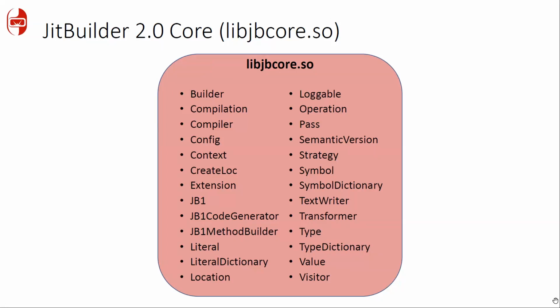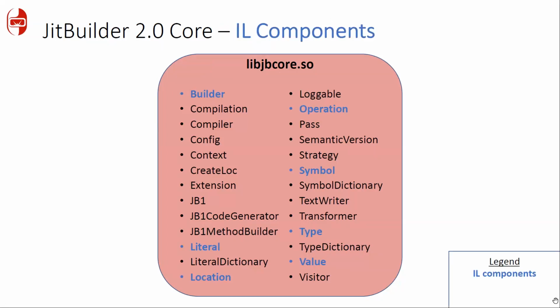So let's look through these things a little bit. There's IL components here that are the basis on which the JitBuilder 2.0 IL is constructed. A lot of these are familiar concepts for people who've used JitBuilder before, or even for people who've just worked on compilers before. Builder, as I mentioned, is kind of like a code path.